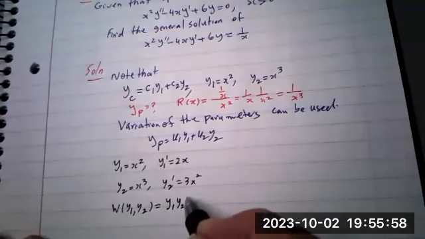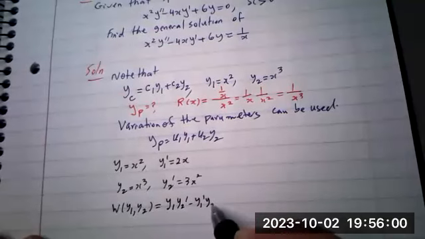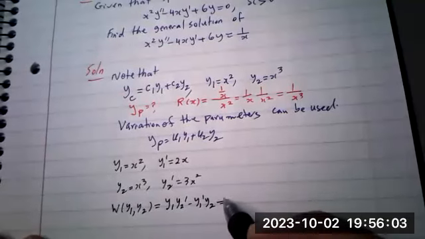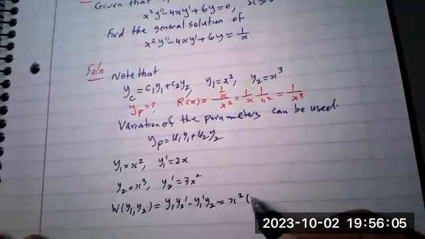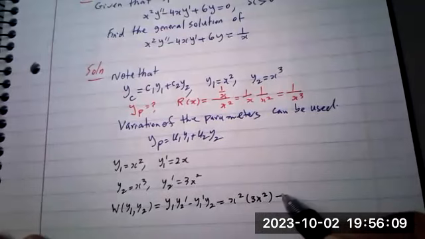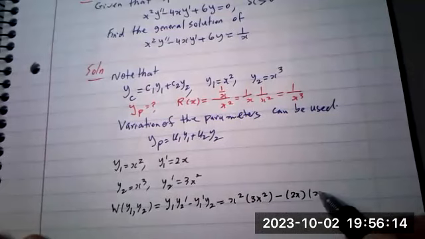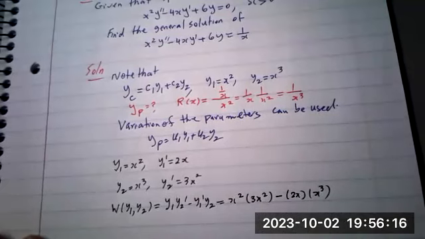y1 y2 prime minus y1 prime y2: x squared times 3x squared minus 2x times x cubed. Simplify.